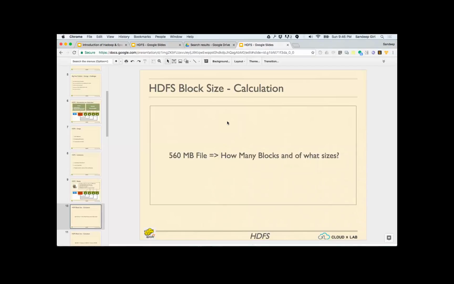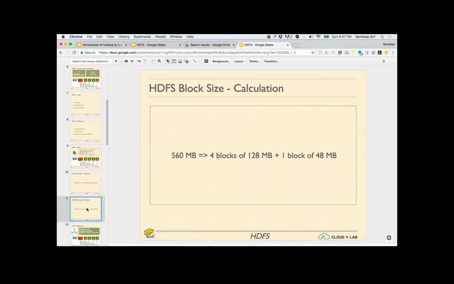So 4 into 128, and the last one is going to be 48. Are you with me on this, Sudhakar? 4 blocks of 128 MB and 1 block of 48 MB. So the last block is not equal to 128 MB.